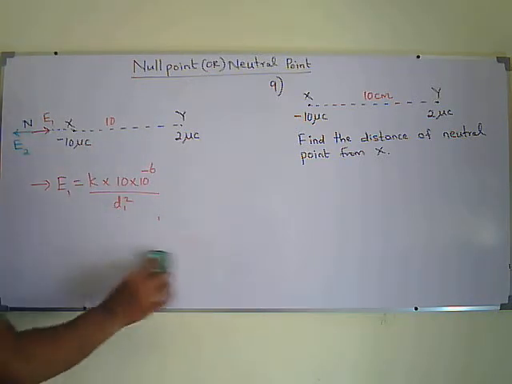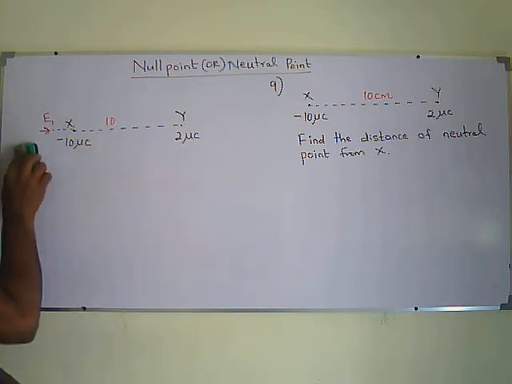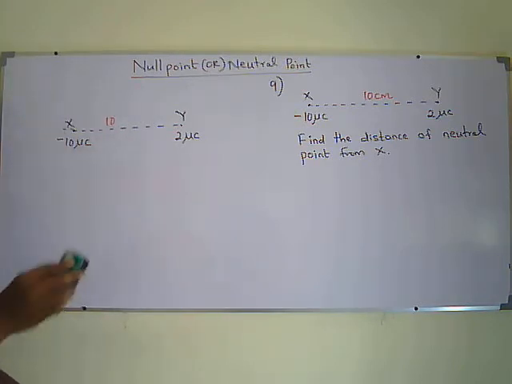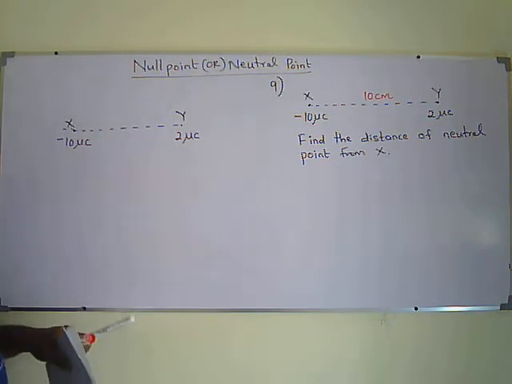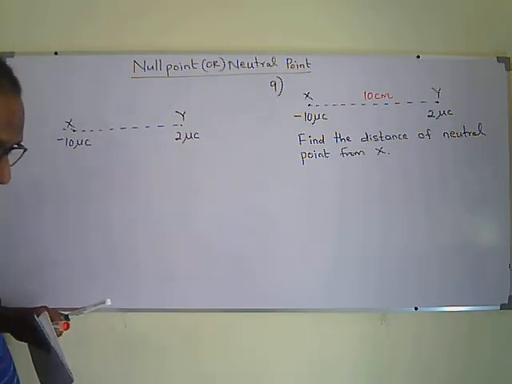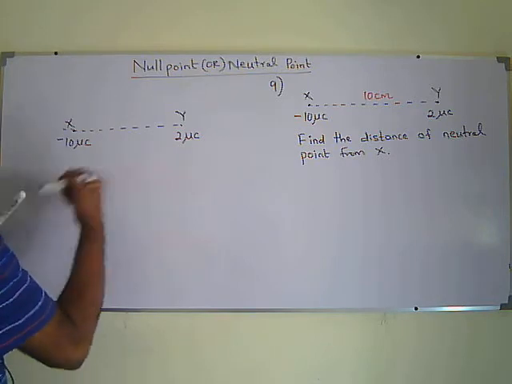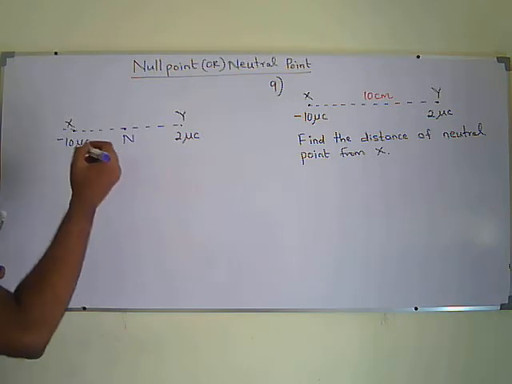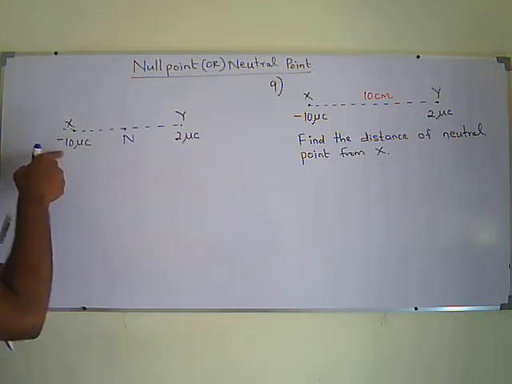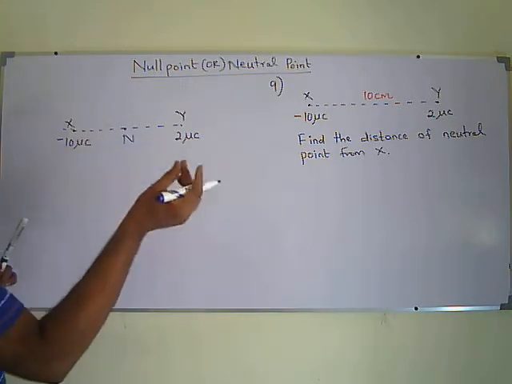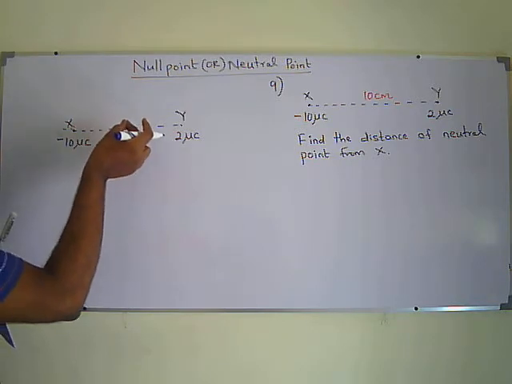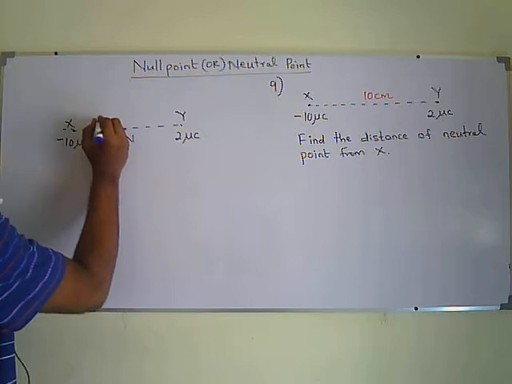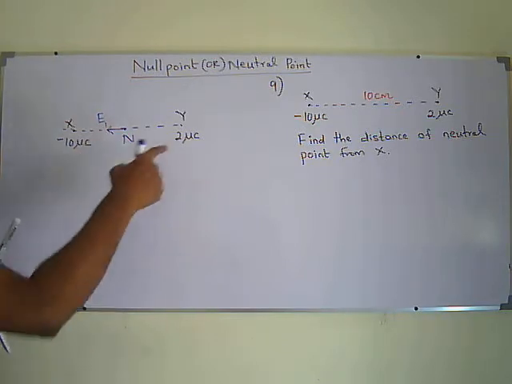Okay, can it be somewhere between x and y? Is it possible to have a null point between x and y? Imagine a point somewhere between x and y, let it be n. Then the electric field due to 10 microcoulomb will be towards the left, because a positive test charge at n will be attracted by 10 microcoulomb. So E1 will be towards the left.